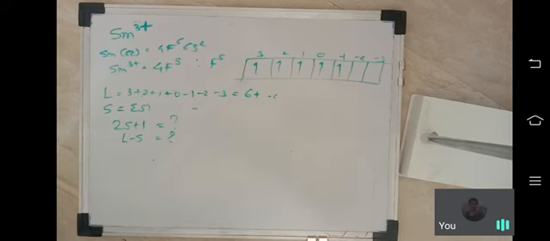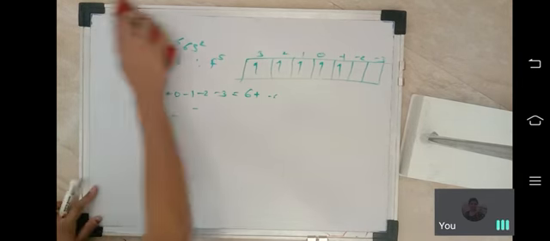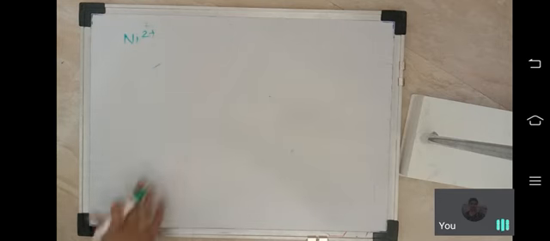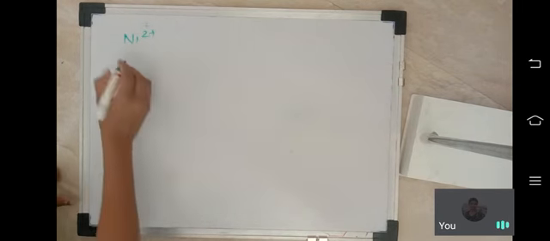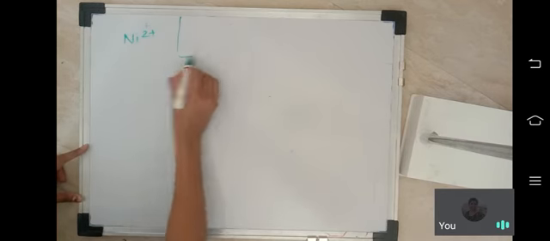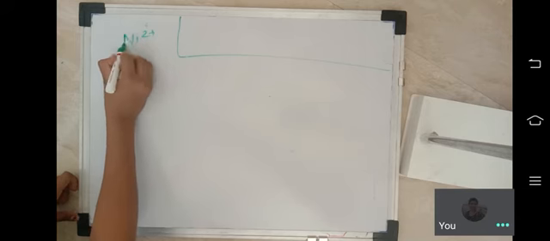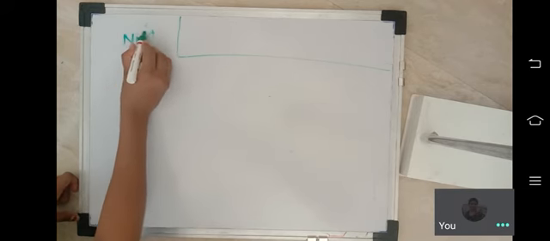Now we see the next ion, Ni2 plus. Ni2 plus, that means nickel. Okay. See here very carefully. Ni. Again I write the series. Just 2 minutes. Nickel 2 plus.